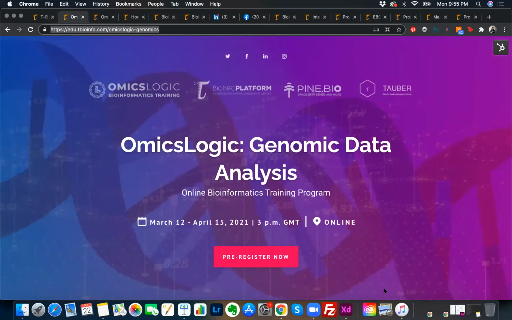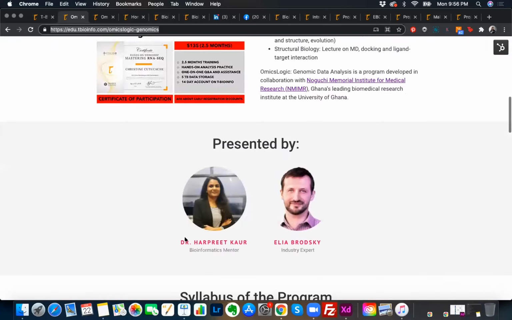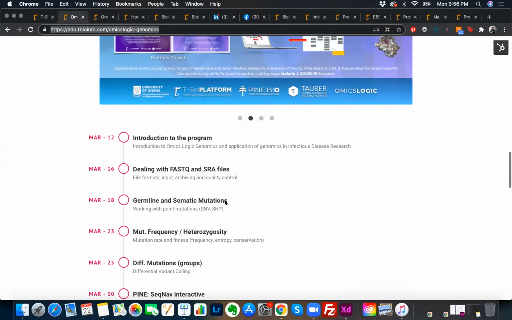And the training that we are going to be talking about next is transcriptomics. So you can still join this program, which is going to be starting on March 12th. It is completely open for registration. You have not been a part of the first part of the training, but if you see this program and its syllabus, it starts with a very introductory session.